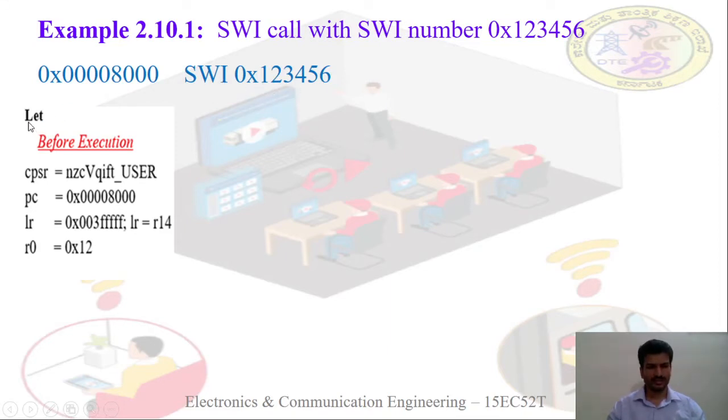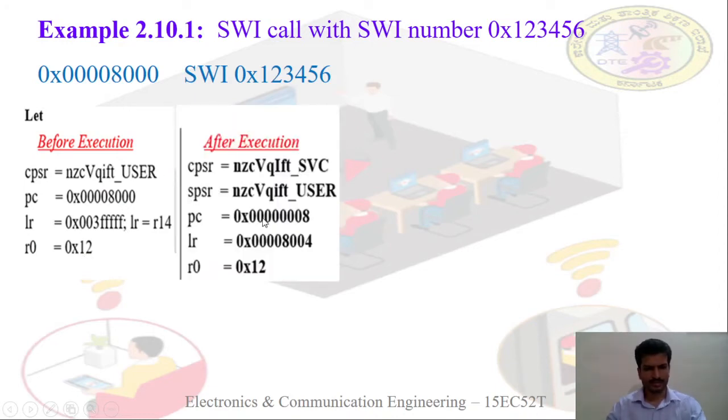Let us consider before execution: the CPSR is in user mode, the PC contains 0x00008000, that is nothing but the SWI instruction address. The LR, link register, which is nothing but R14, contains this content, and the R0 register contains 0x12. So after execution of this instruction, what will happen?